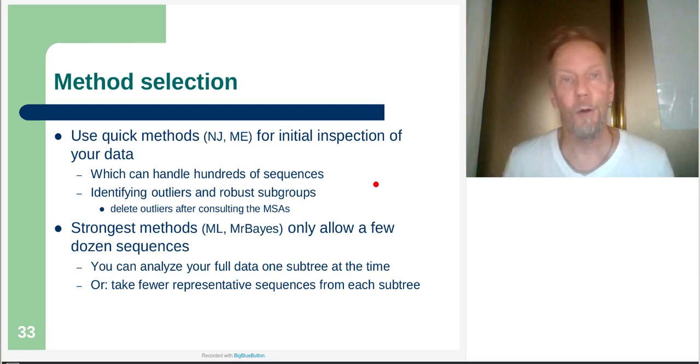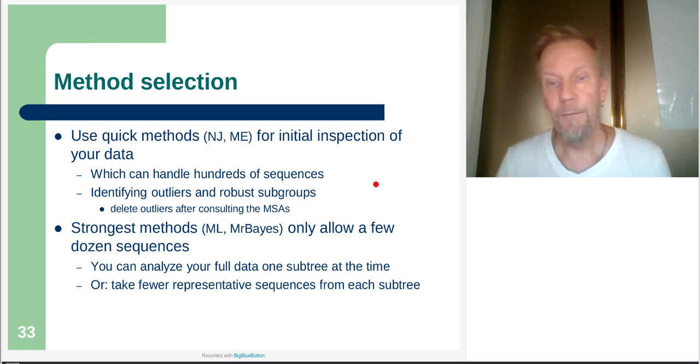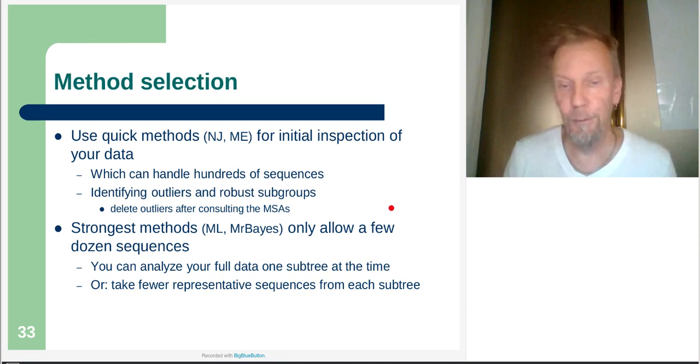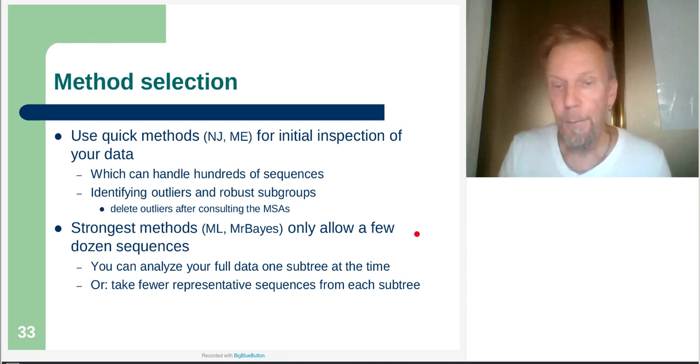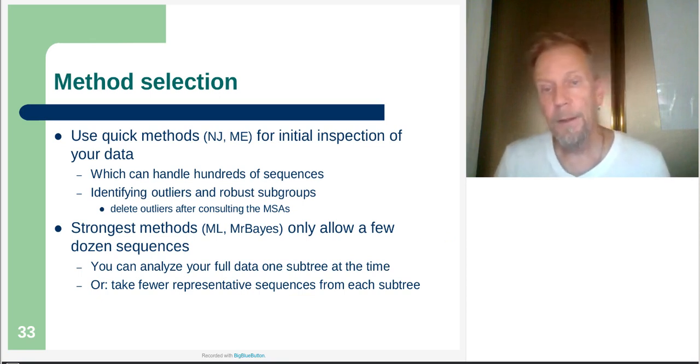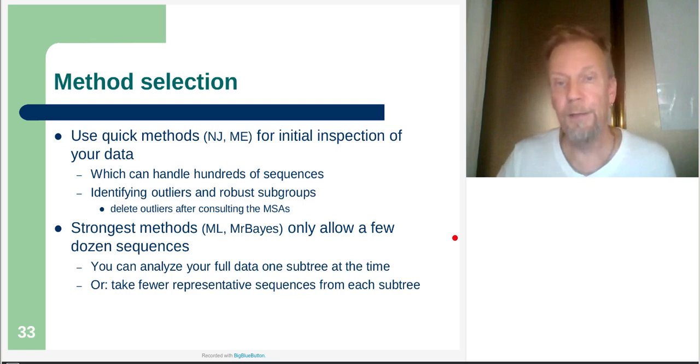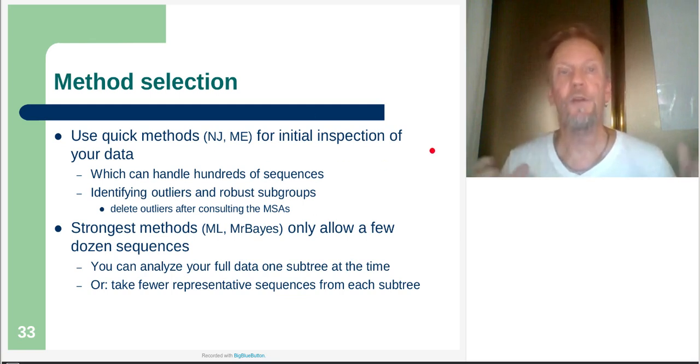They might also look bad in the alignment, being very, very different from the others, considering that the branch length represents the estimated distance. And then in the highly accepted methods where we can only take few dozen sequences, we can use our initial trees to break down the problem into smaller pieces.